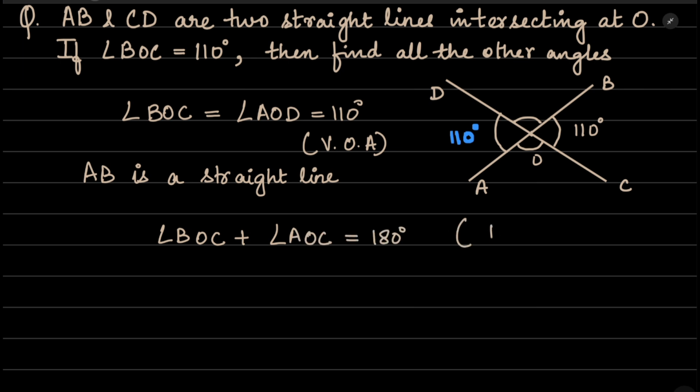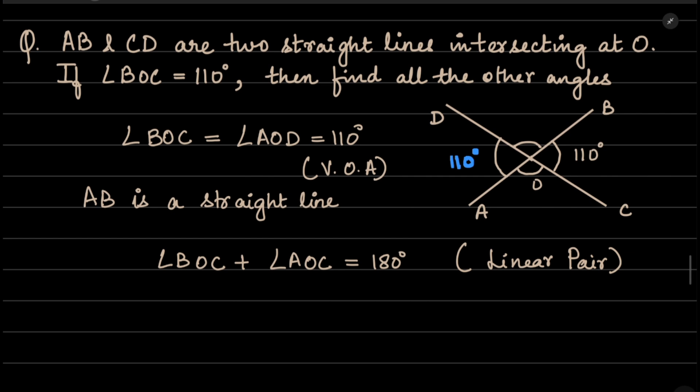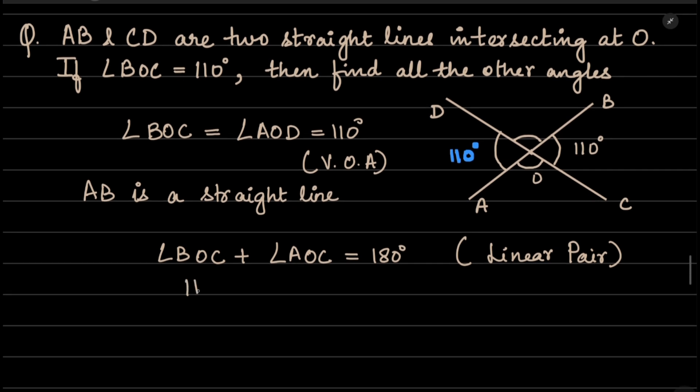And the reason is they are linear pair of angles, right? So what is BOC? BOC is 110 degree plus angle AOC is equal to 180 degree.